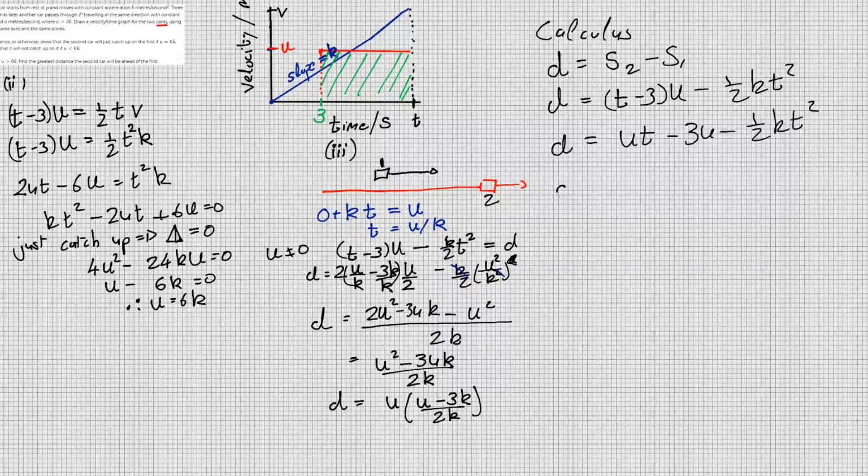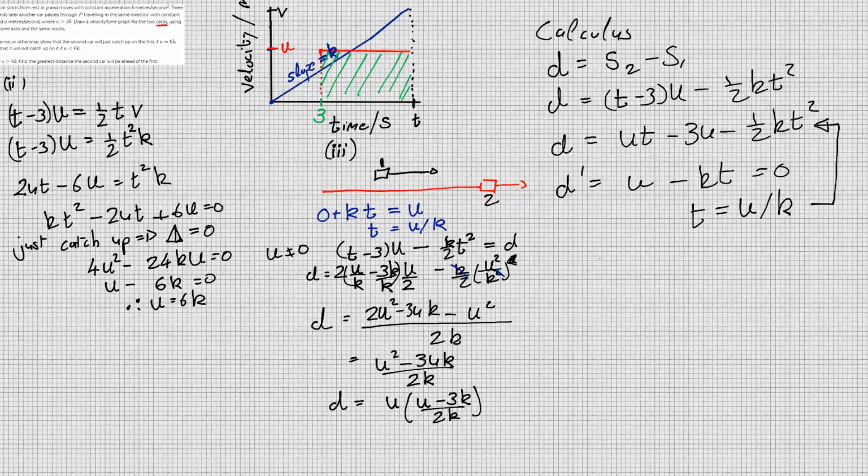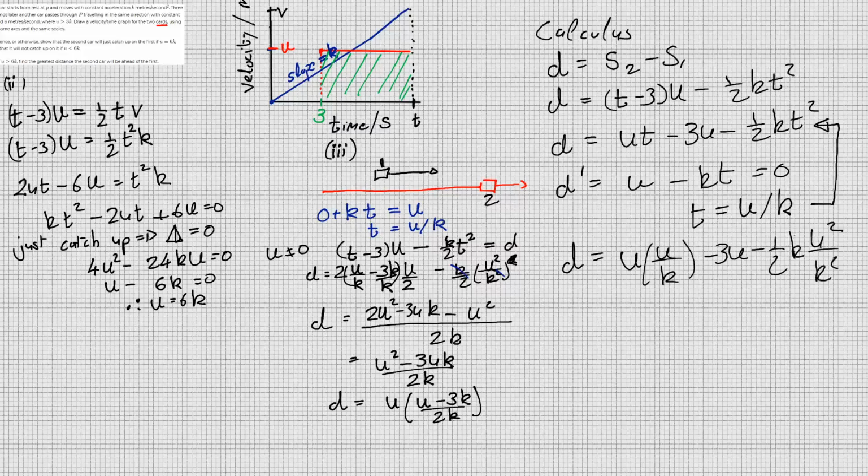So to get the maximum, we need the derivative. That's u, that's gone, and that's kt, and that should equal 0. So that means t should equal u over k, which is the exact same result I got using the non-calculus method. Then I just sub that back into there. So d would equal ut minus 3u minus a half k t squared, which is u squared over k squared.